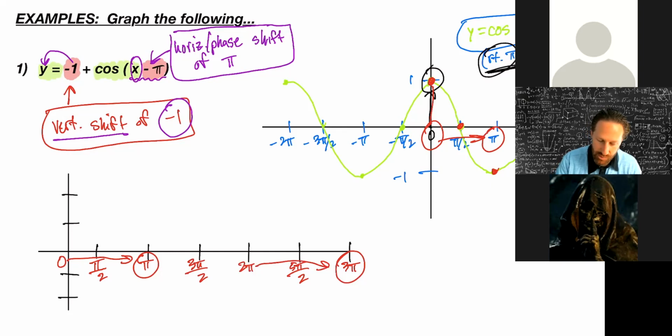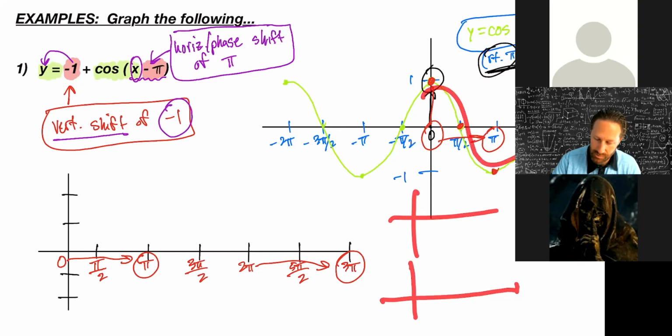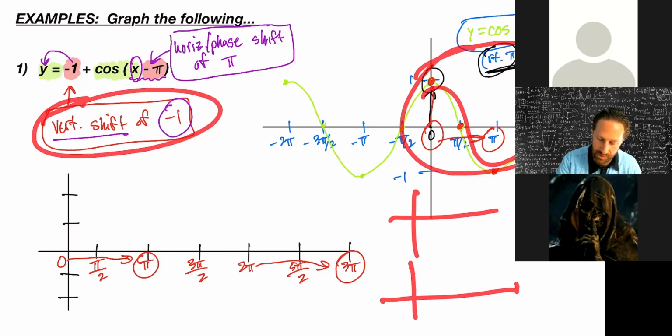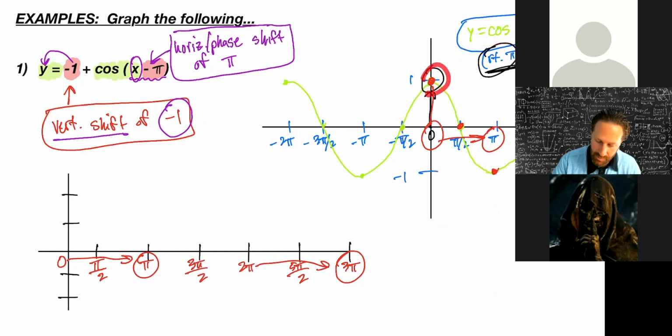But I can't just do that. I also have to do a vertical shift of -1. So some people don't like to do both of these at the same time. They like to draw just small versions and do each step to the original. So they graph the original and then they'll vertically shift everything down 1, which means this point would move down 1, down 1, down 1, down 1, down 1.